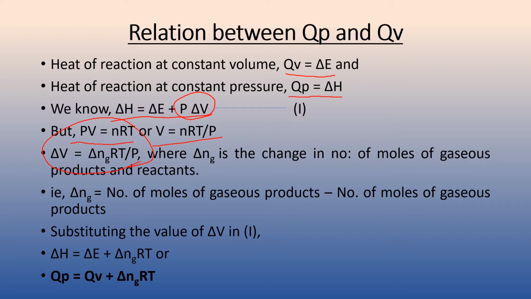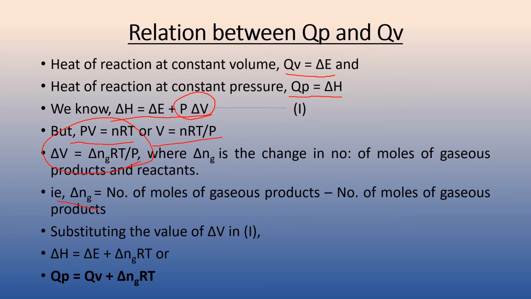Delta Ng means the difference between the number of moles of gaseous products and the number of moles of gaseous reactants. Solids and liquids we are not considering, because they do not produce a significant effect, but for gaseous particles it is not like that. So delta Ng means we need to consider only the gaseous particles.